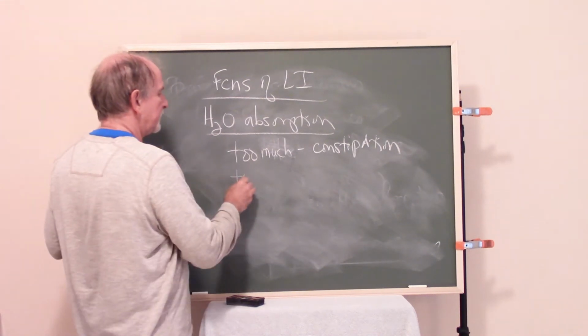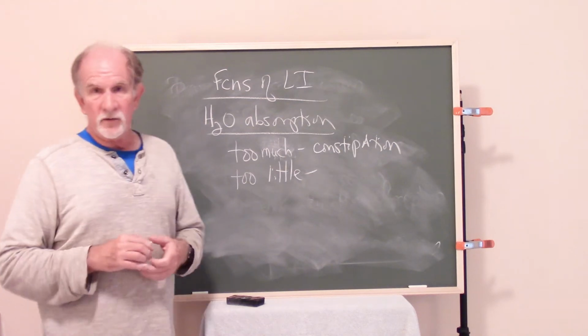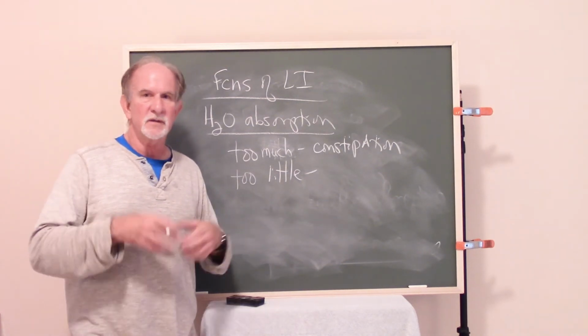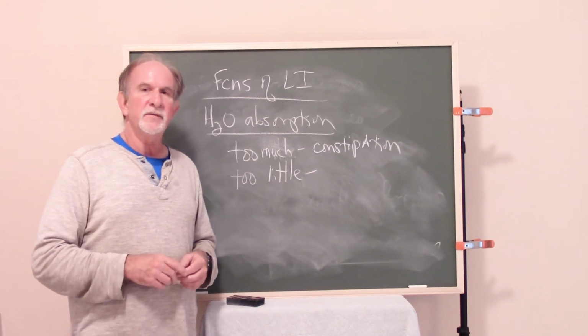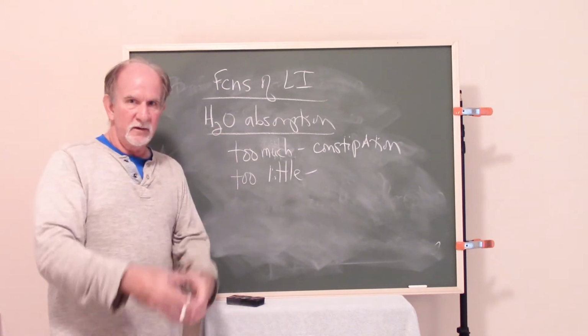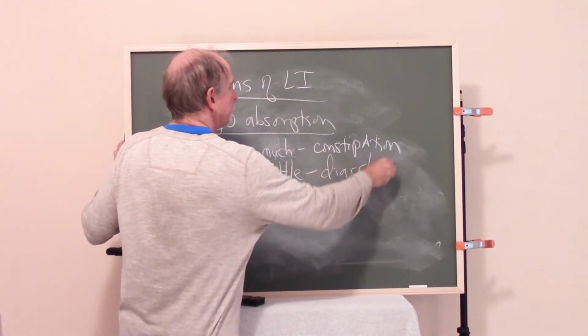And if there is too little water absorption for one reason or another, and sometimes it has to do with a bacterial infection, then you end up with really, really wet feces, and that can give rise to diarrhea.